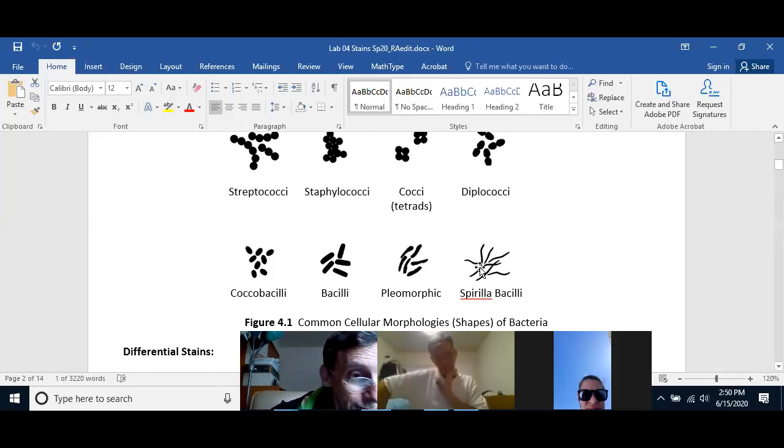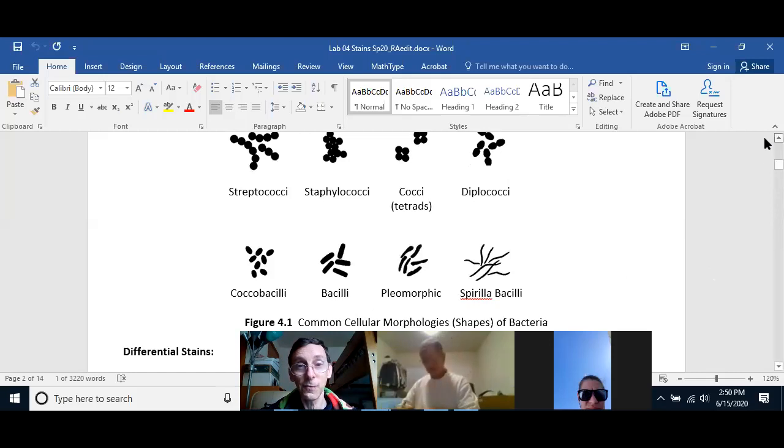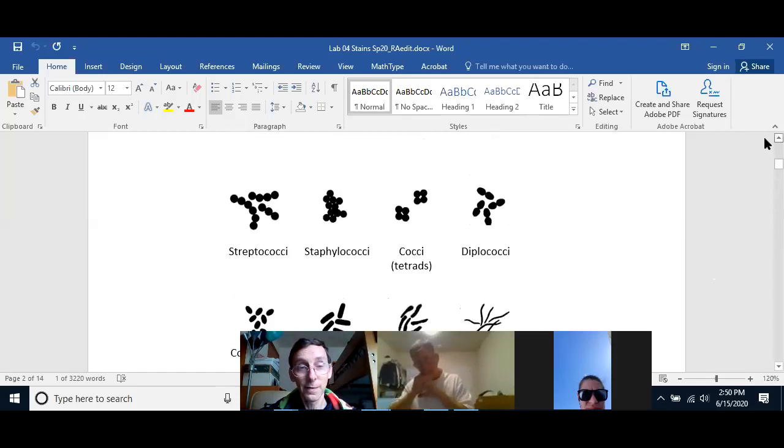Now that you've learned the cellular growth arrangements, let me warn you that when you look at a cellular growth arrangement, you'll never see only one. So if you have streptococci, if it breaks, there will be diplococci. And if the diplococci breaks, there will be single cocci.